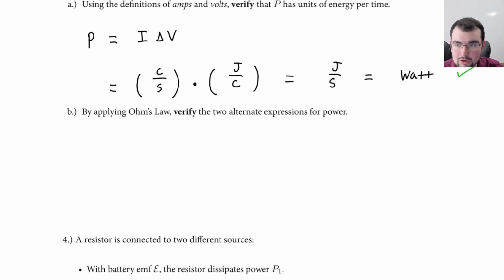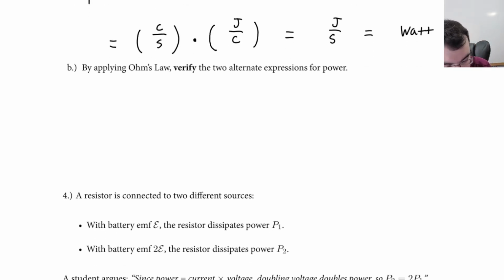And now by applying Ohm's law, we want to verify the other two expressions. So we can start with power equals I delta V. This is the formula sheet one, which is the definition. But often this is actually the least useful, because it's rare we'd know I and delta V. Usually you'll know resistance, so we're going to substitute away for these.